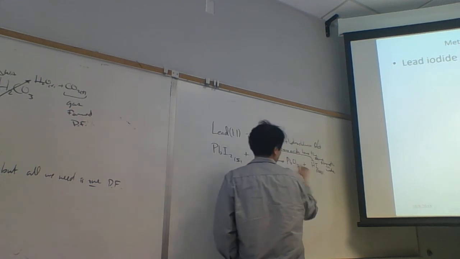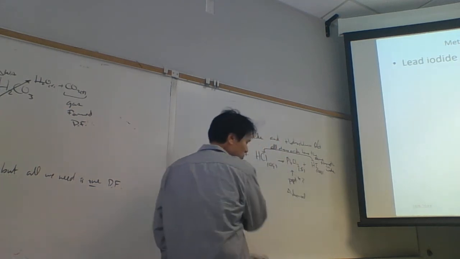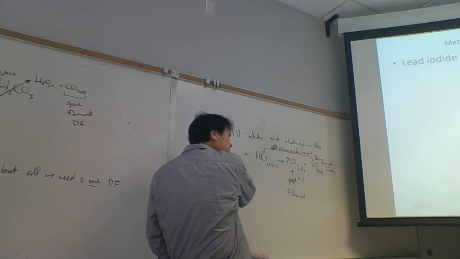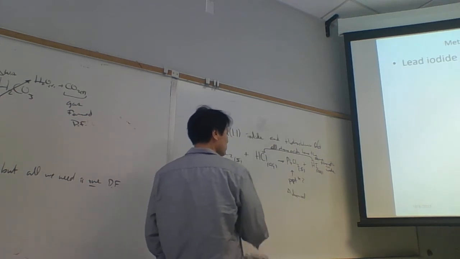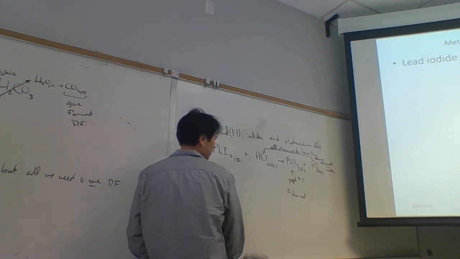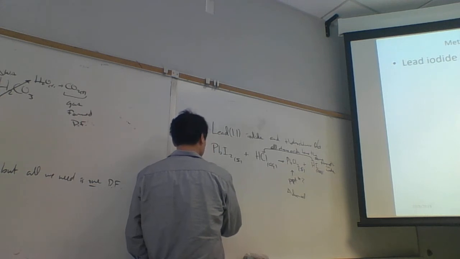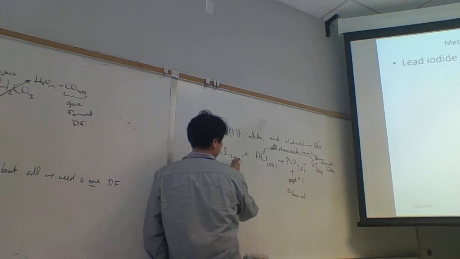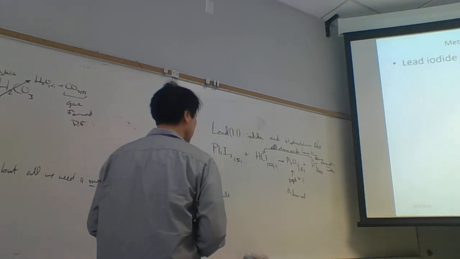And so HCl and HI, it's a tie. They're equivalent. And so that's not really a driving force. This one's pretty tough to figure out because of that. So difficult. So we probably base it on solubility, and in that case, there's no reaction because PbI2 is less soluble than PbCl2.